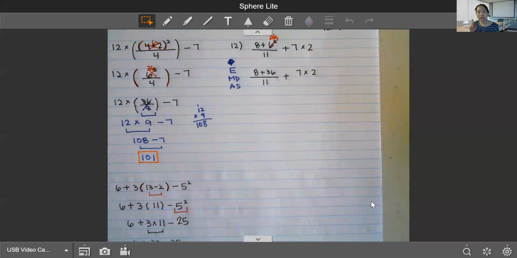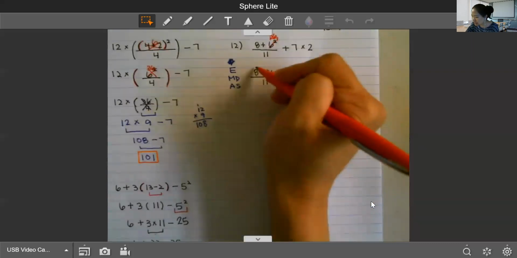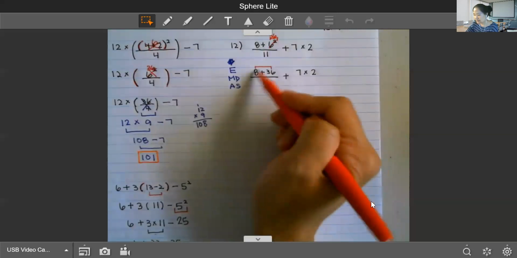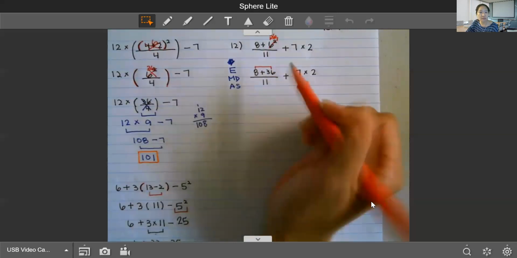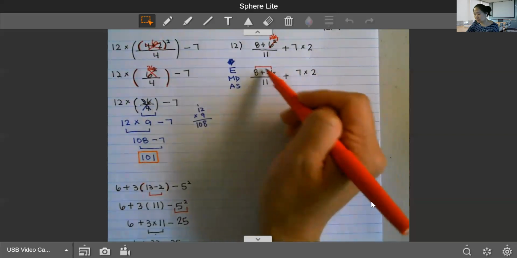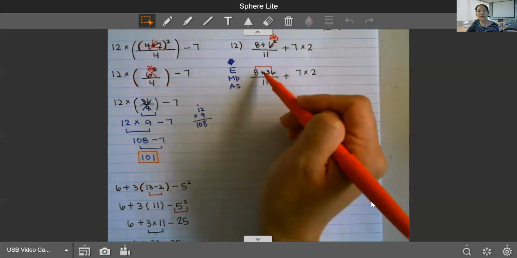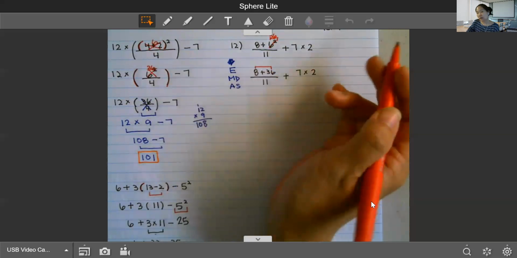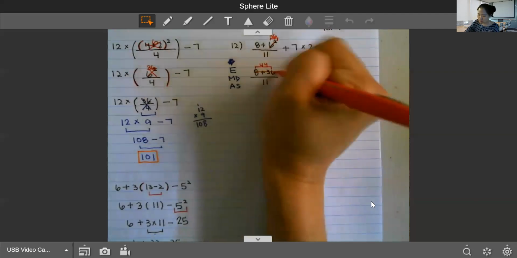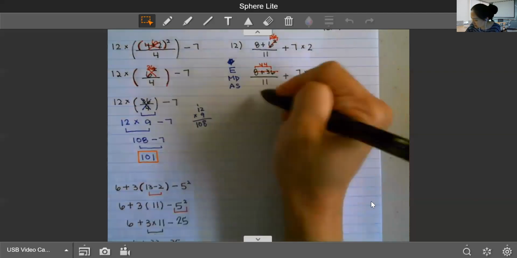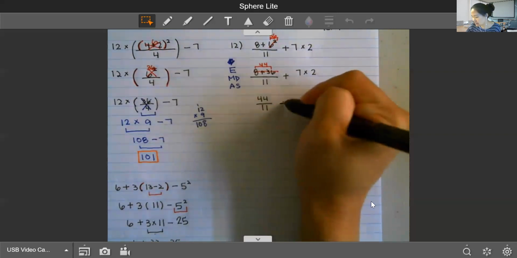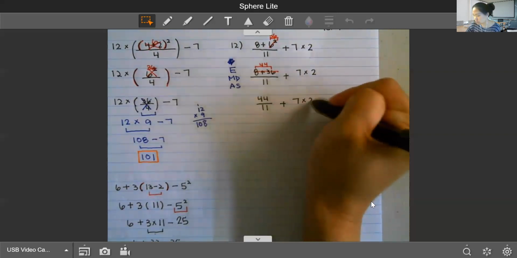So what you actually have to do is make it simple on your numerator. You have to add 8 and 36 first, because that's the only way you'll get a single number in the numerator, and then you can divide. Now, what is 8 plus 36? It is 44. So again, I'm going to write 44 over 11 plus 7 times 2.